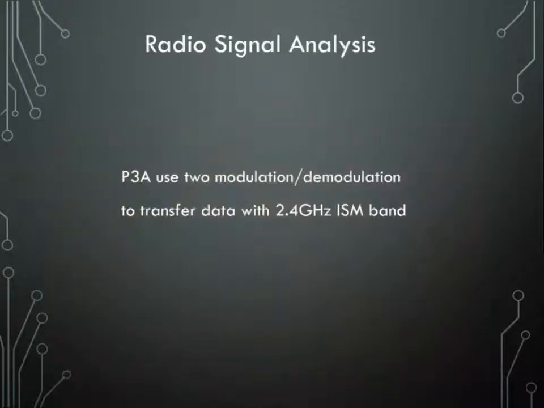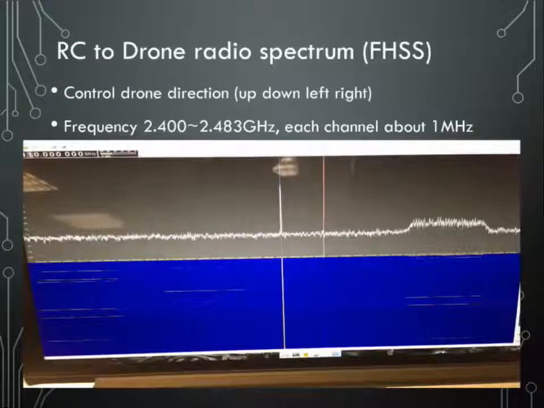And we found DJI Phantom 3 uses modulation and demodulation to transfer data in the 2.4 GHz ISM band. I will introduce this in detail later. One modulation is used to control the flying direction of the drone, like flying up, down, left, or right.